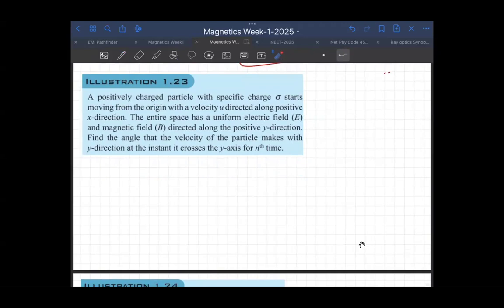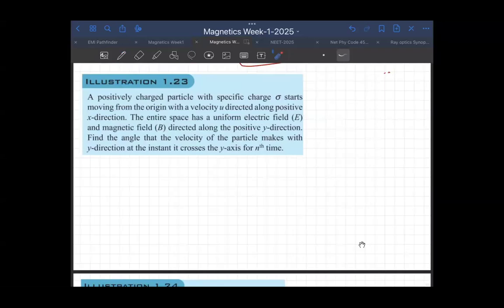A positively charged particle with specific charge sigma starts moving from the origin with a velocity directed along positive x direction. Okay, that is the first part of the data. The entire space has a uniform electric field as well as magnetic field directed along positive y direction.